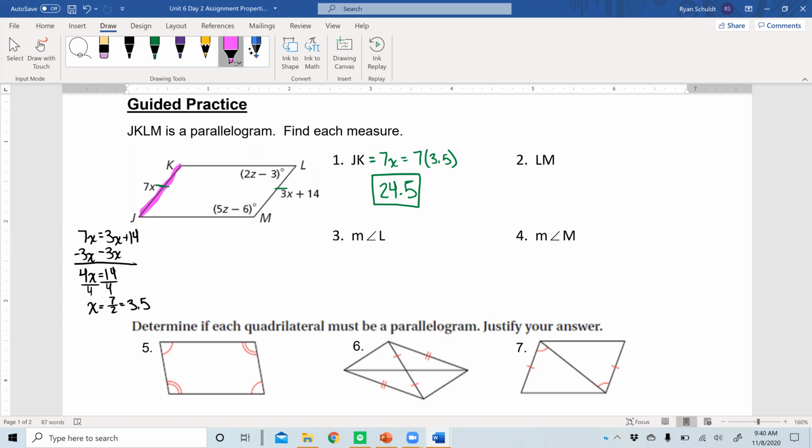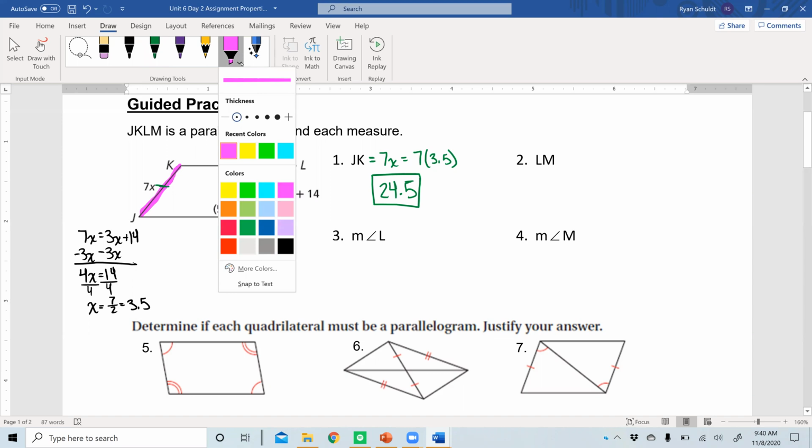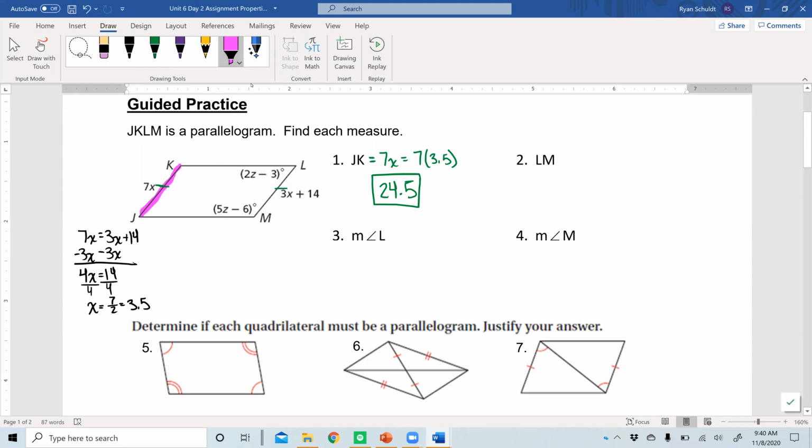Okay, then they ask you to find LM. Well, LM, notice, is this side, but it's just 3x plus 14. So LM is equal to 3x plus 14. We already found x, so let's not reinvent the wheel.